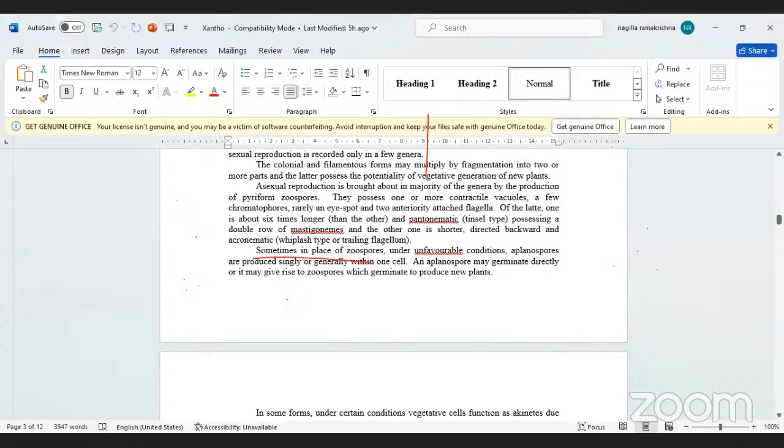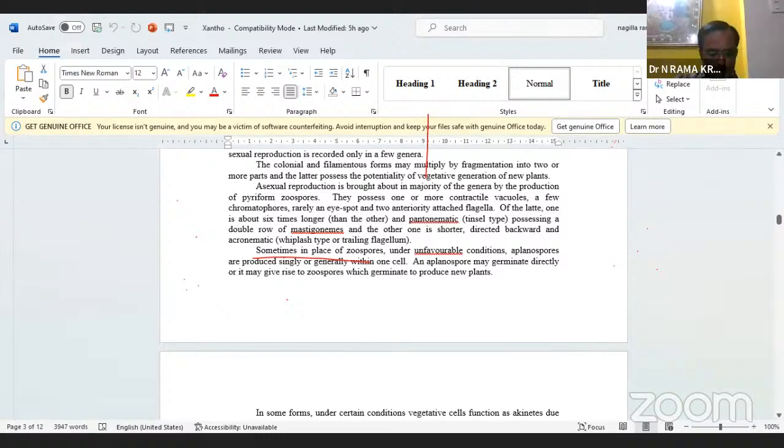Yes, sir. So now you see here, there are some more important points in Vaucheria. Vaucheria shows affinities with different groups.